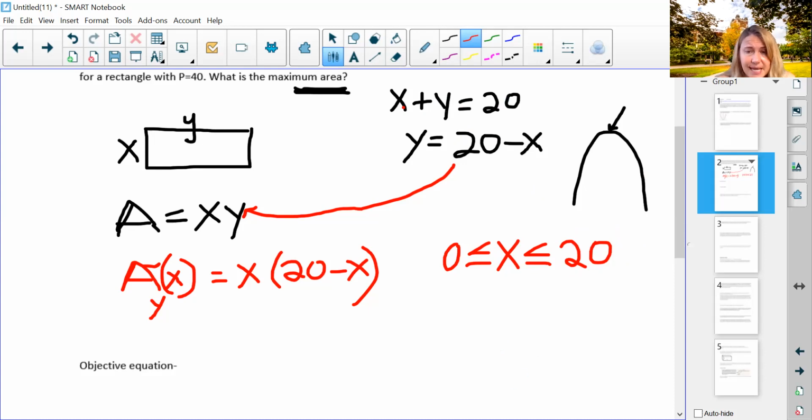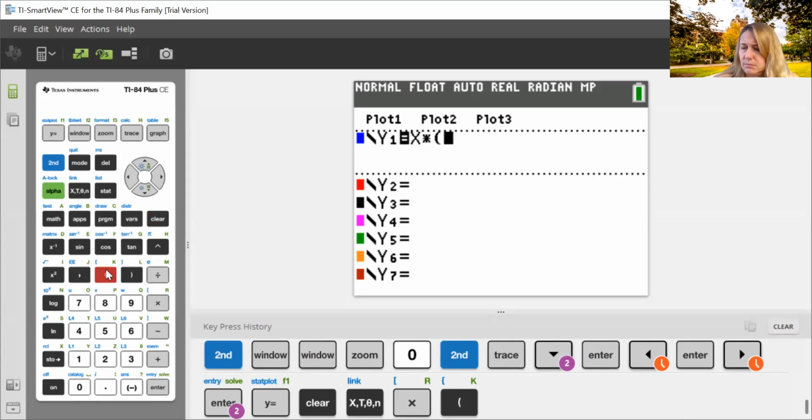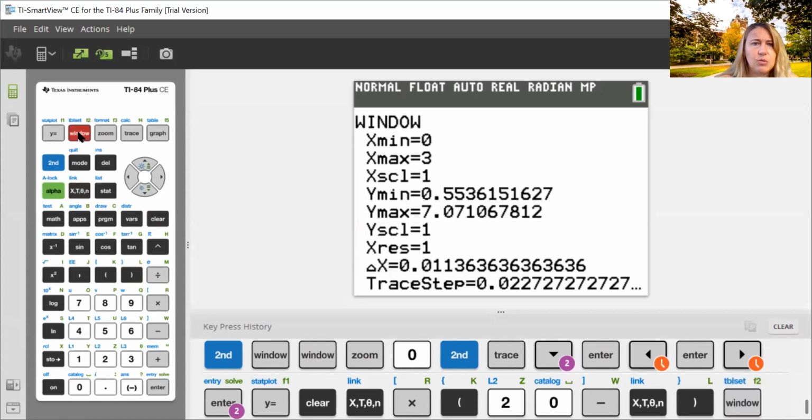So now that I've established that, I'm going to go to my graphing calculator. And I'm going to type in my equation. So X times 20 minus X. And I'm going to go to window.